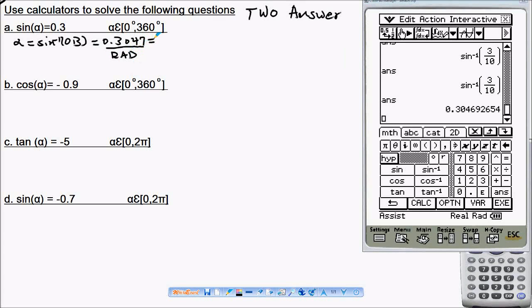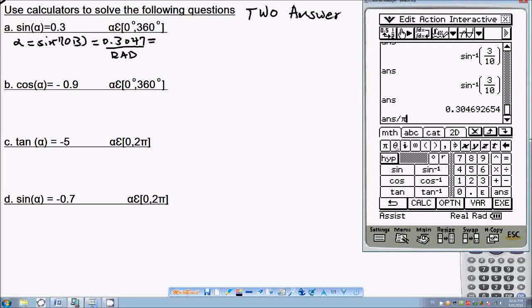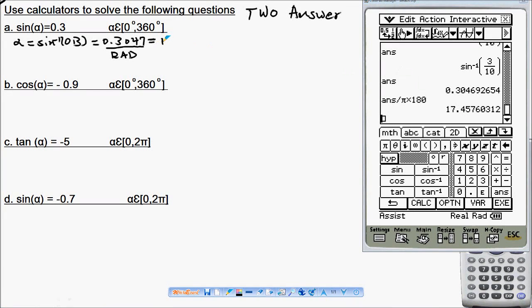To convert it to degrees, what we do is divide by pi and times 180. That's how we convert it to degrees, which is very simple. So it's 17.5 degrees.